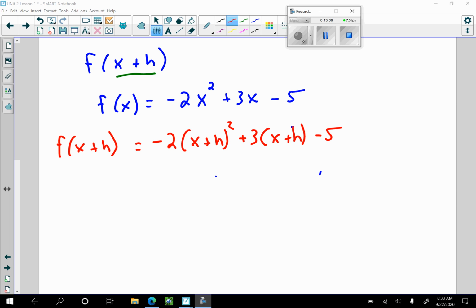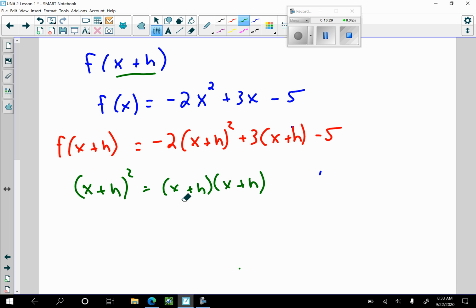All right, so the first part that we have to do, and it might be a good idea, I'm going to figure out what this is, x plus h squared. We can't forget that x plus h squared is the same as x plus h times x plus h. And I'm just multiplying two binomials here.